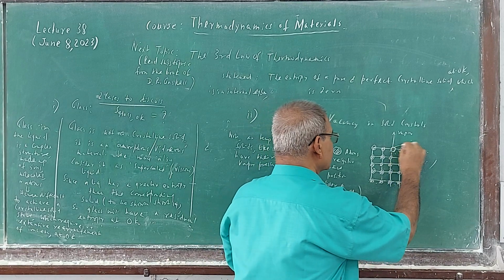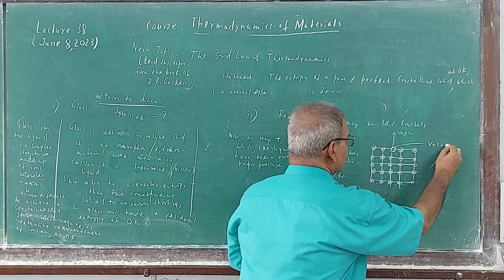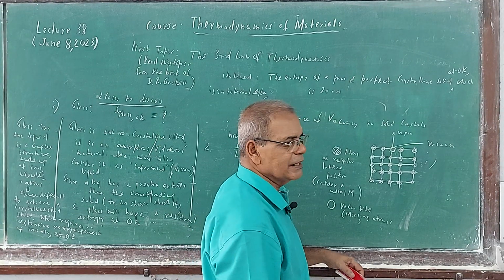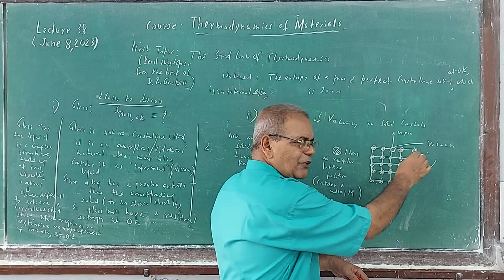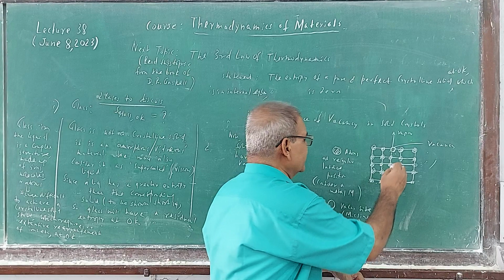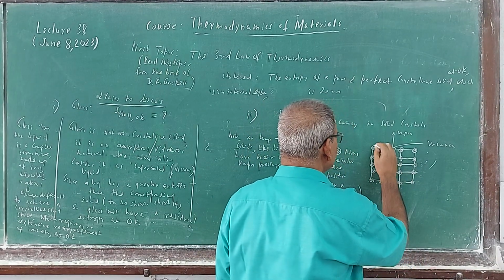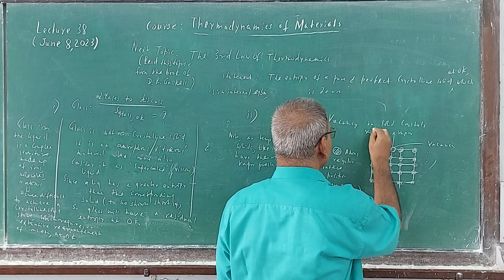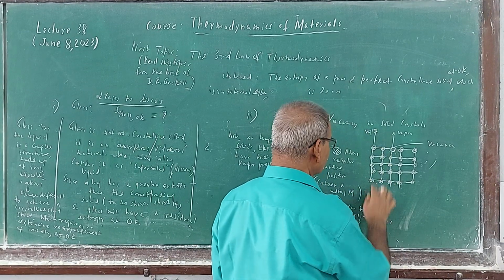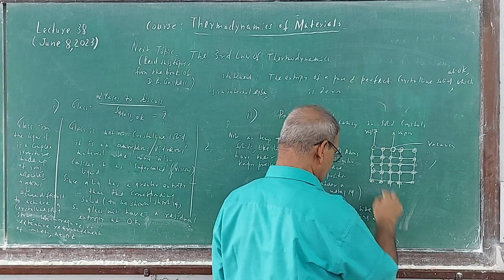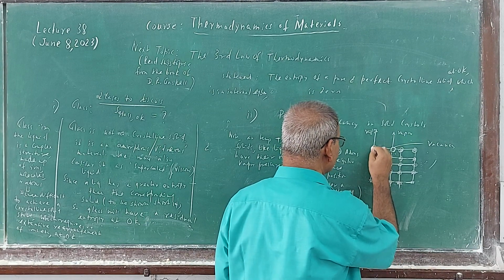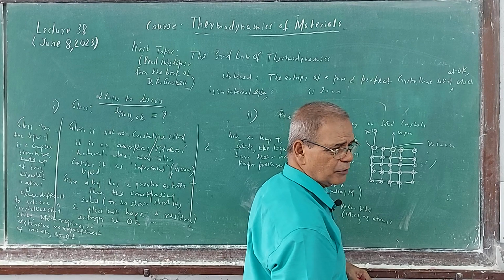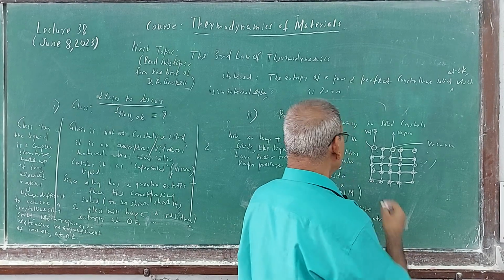This is a vacancy. What we speak of is vacancy concentration. Let's do another one, here also similarly. Vaporization, and again you change this to a vacancy. Again another vacancy, many similar. I am showing here 5 or 6 vacancies.